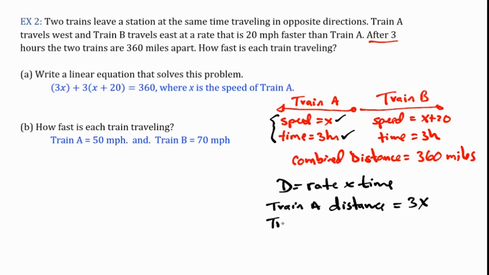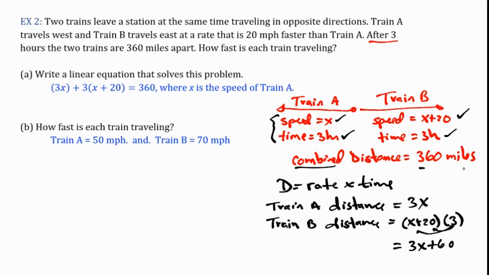Train B has a distance, the rate is x plus 20, and the time is still 3. Let me fix this 20 down here and multiply it by 3, and we can distribute this 3 through here and say that train B's distance is 3x plus 60.